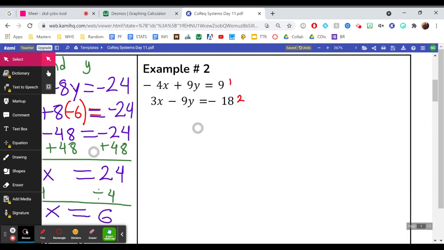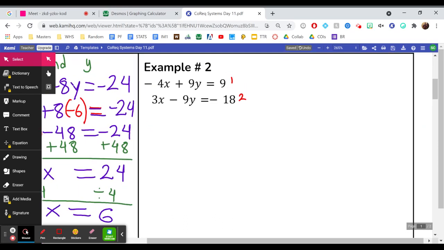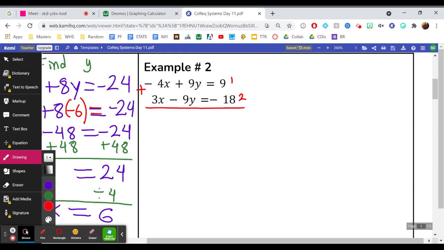Now, I'm going to add the two equations. So I'm going to say negative 4x plus 9y is equal to 9, plus the equation below. Okay, so now we're going to again look for which of the two, the x's or the y's, are going to cancel out because of the zero pairs.